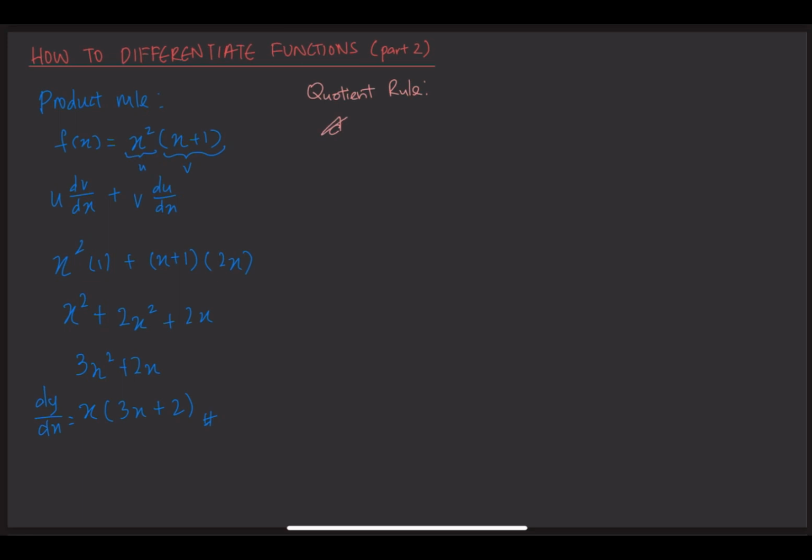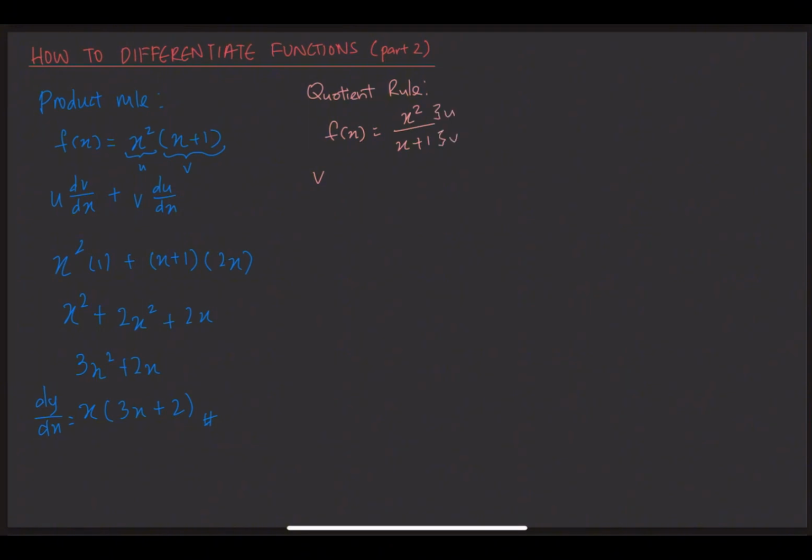For example, f of x equals x squared divided by x plus 1. Just make it as simple as possible, right? In this situation, how do we differentiate? We have to use the quotient rule, which states that we classify the top part as u, the bottom part as v.